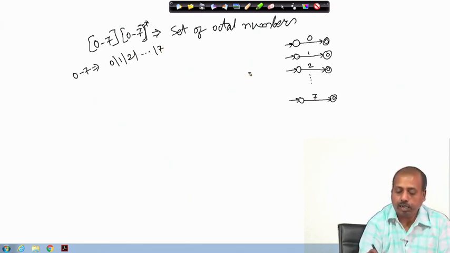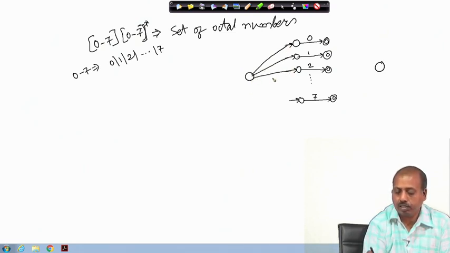So, we have to have one initial state and one final state, and from this initial state I have to add epsilon transitions to each of these states. So, these are all epsilon transitions, and this is the initial state.